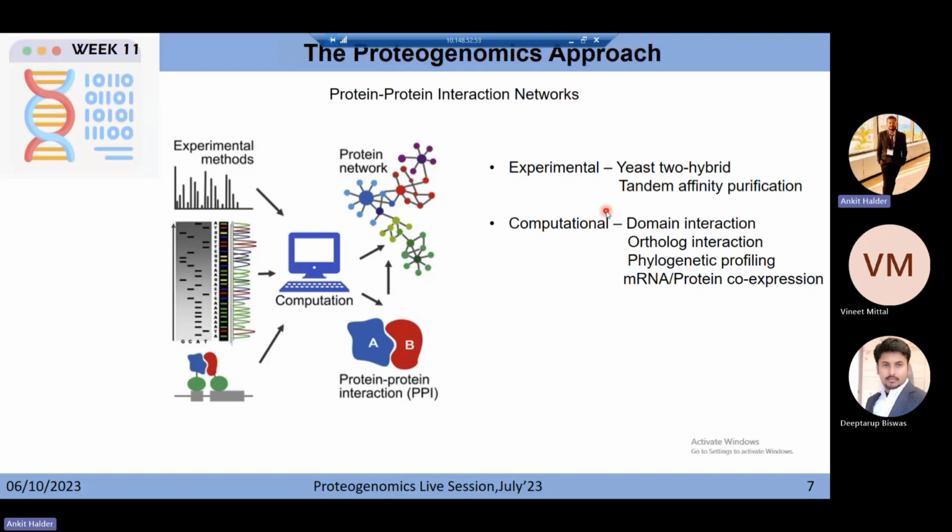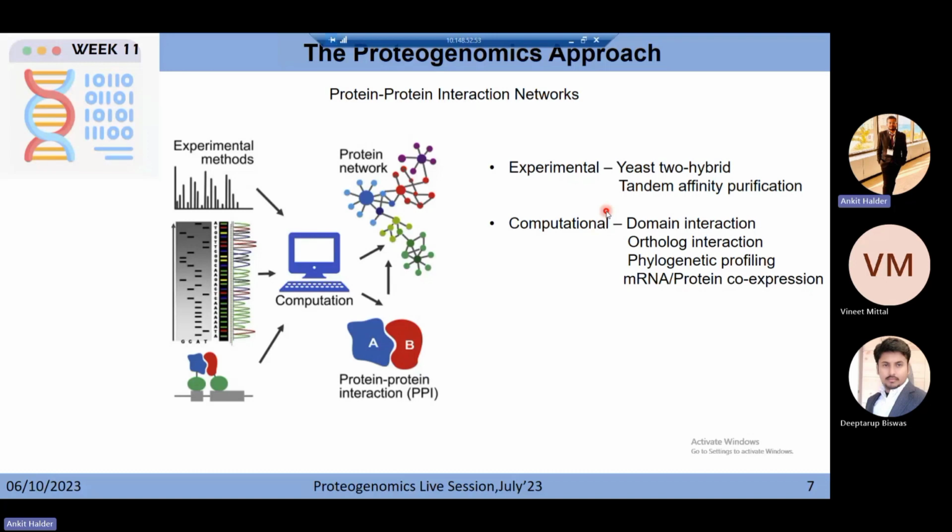We can do this by understanding the domains of the protein. If we can identify the domains of our protein, then we can understand, through the interaction of those particular domains, which ones will be highly interacting with that particular protein.